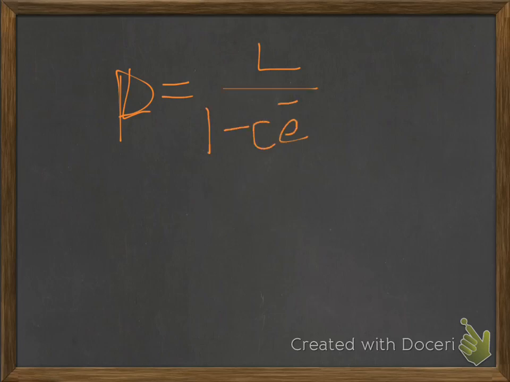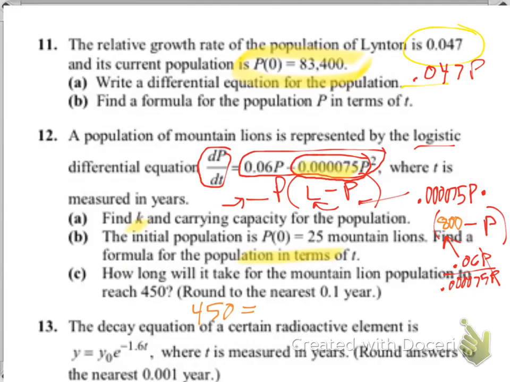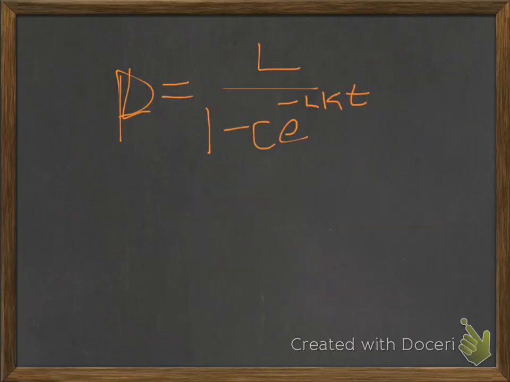L over 1 plus C e to the negative k L t. That's the population function. If we're going to do any question about population, which this is, so if you look at this down here, it says, please tell me how long for the mountain lion population to reach 450? I got to go to the population function.